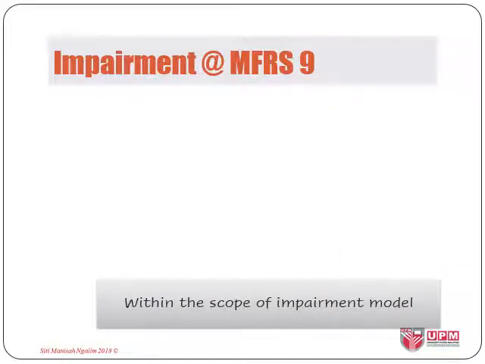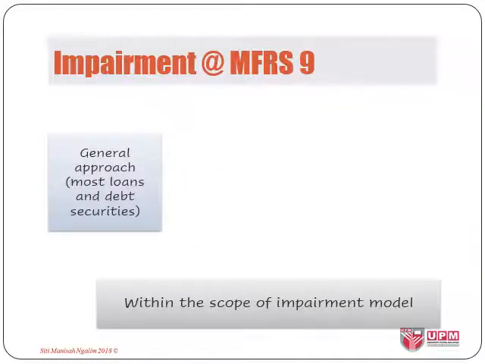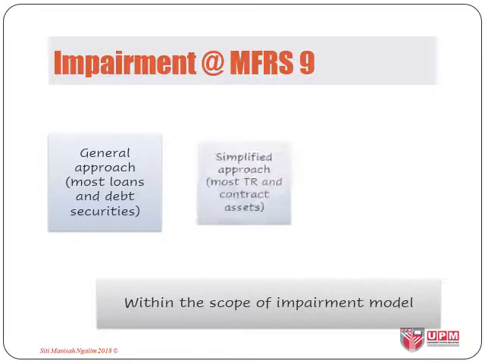To assess impairment for financial assets, MFRS 9 introduced 3 approaches to measure and calculate the expected credit losses, each for different types of financial instruments and conditions. We have the general approach. This is meant for all loans and other receivables not allowed under other approaches. The simplified approach.